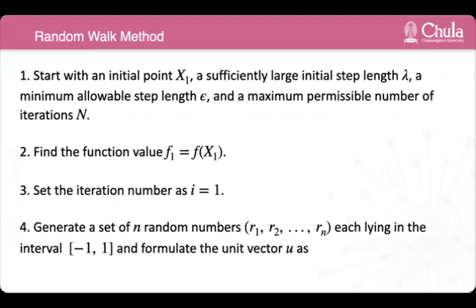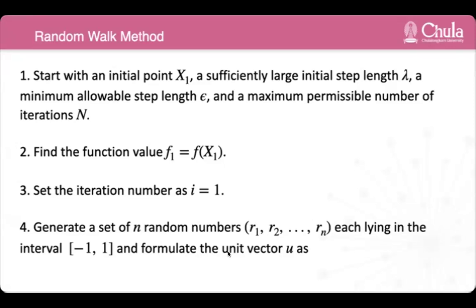Okay, so the algorithm starts from the initial point, right? And then you find the objective function, you set the iteration, and you generate a set of n random numbers. It depends on the dimension of your problem. And from this generated vector direction, you convert it to unit vector.